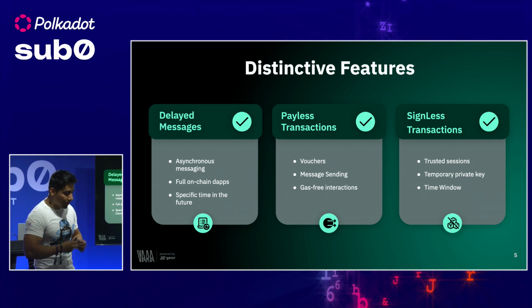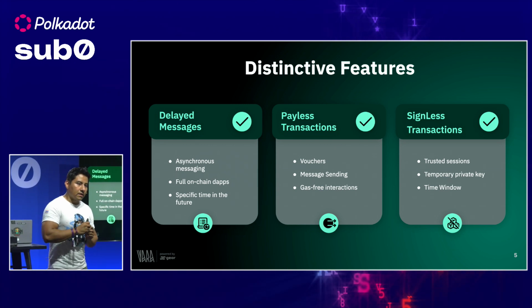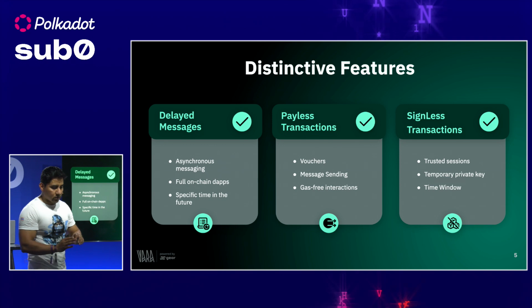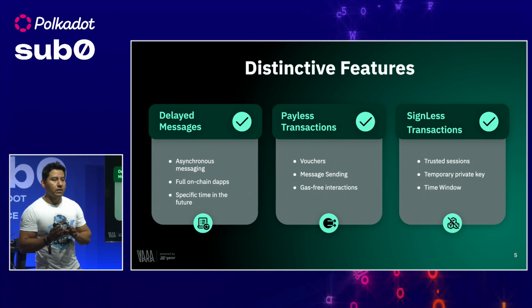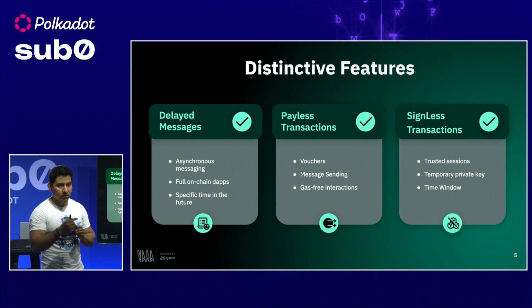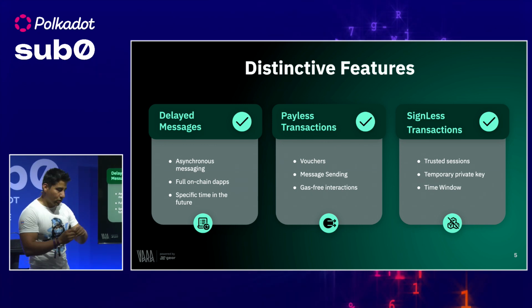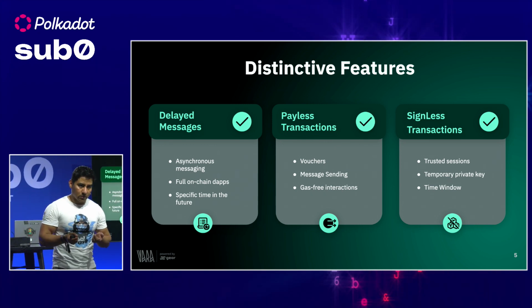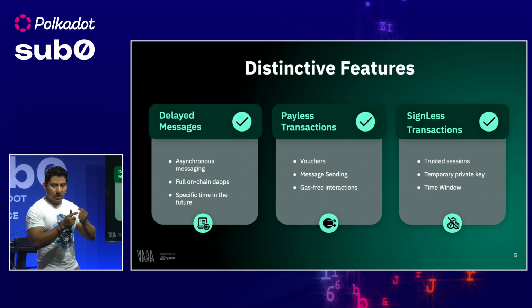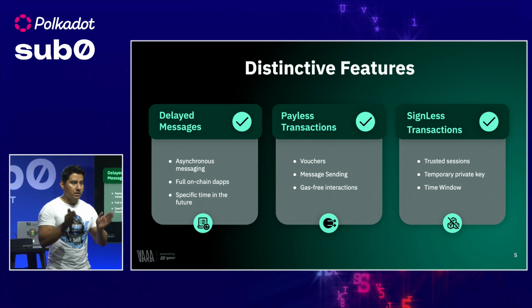So we have a signless transaction system that is based on trustless sessions. We create a session on the smart contract side. In the smart contract, we tell what private key wants to interact with the smart contract in this session. What is the timeout? That's really interesting because it guarantees that this communication lasts only the time that we tell.